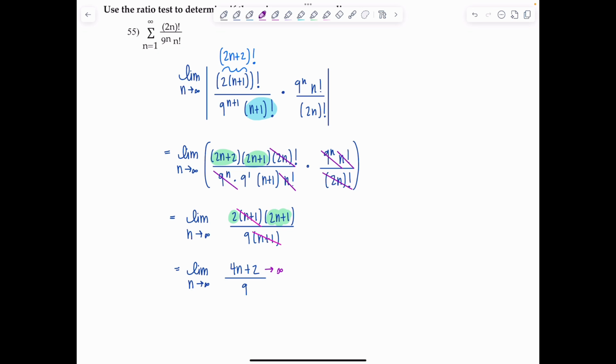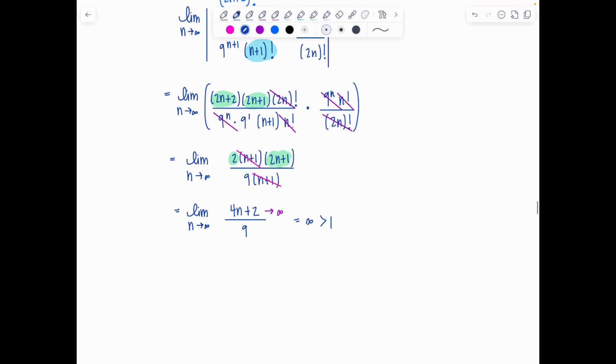The denominator is just some positive constant, so everything's still going to go to positive infinity, which is greater than 1. And we are done. So that tells me the sum, n equals 1 to infinity, of 2n factorial over 9 to the n times n factorial diverges by the ratio test.